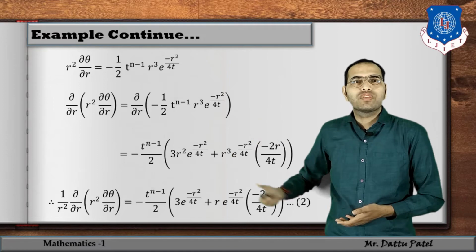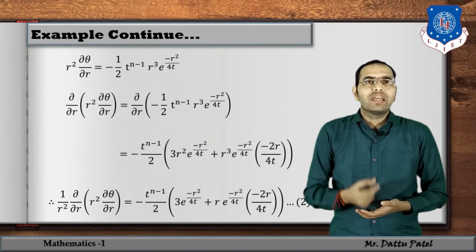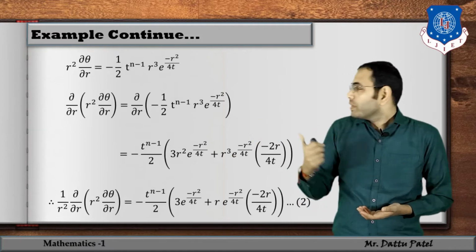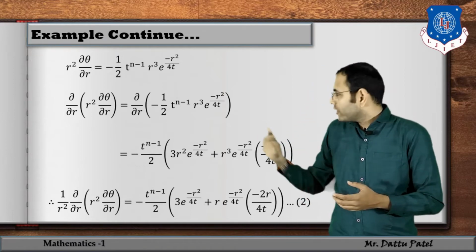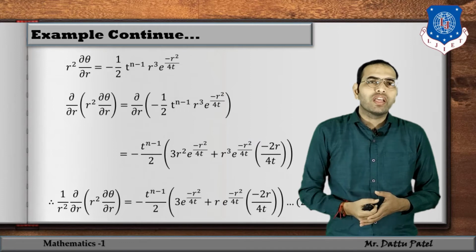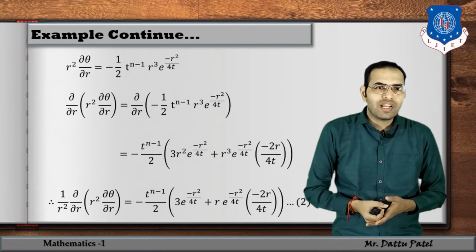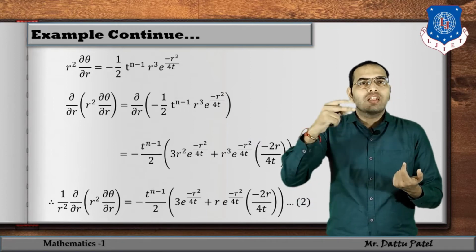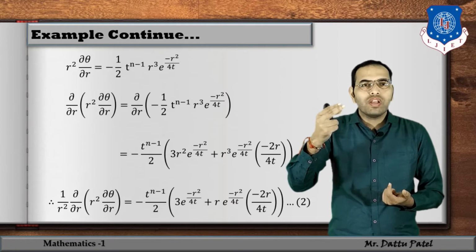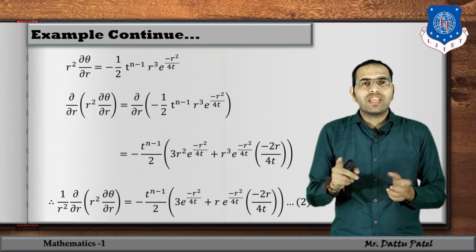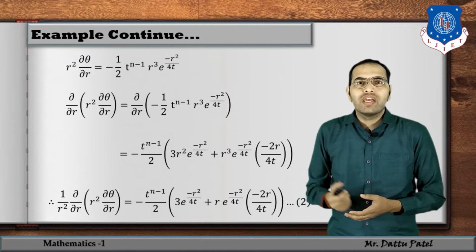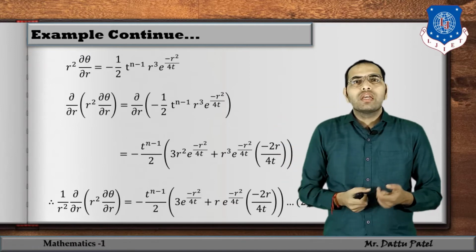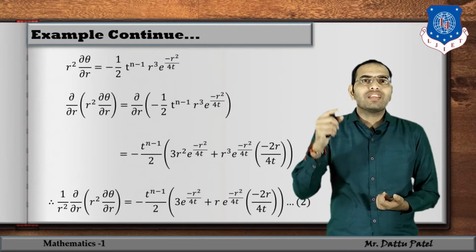It becomes 3r square e raised to minus r square by 4t plus r cube into e raised to minus r square by 4t into the bracket minus 2r by 4t, again two 2s are 4 which cancel out. Then minus t raised to n minus 1 by 2 times the bracket 3r square e raised to minus r square by 4t plus r cube e raised to minus r square by 4t into minus r by 2t.